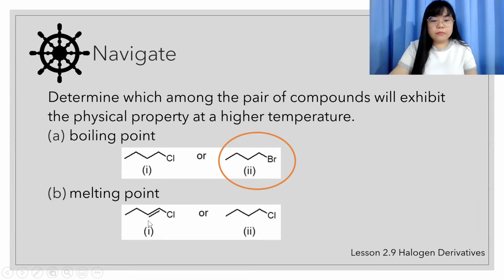So in general, unsaturated molecules are bent, while saturated molecules are generally straight-chained and would therefore have a larger surface area and in turn would have stronger IMF and a higher melting point.